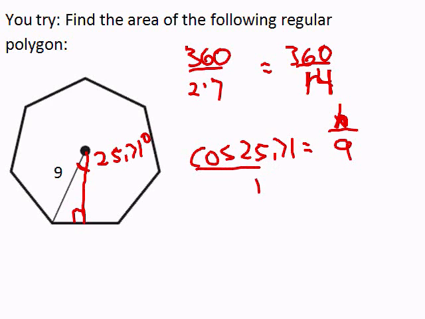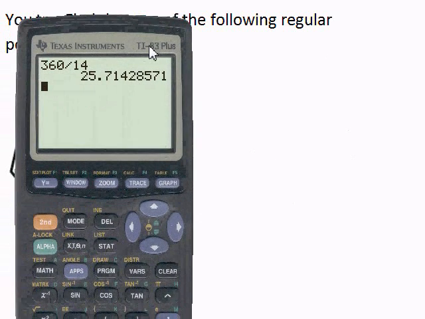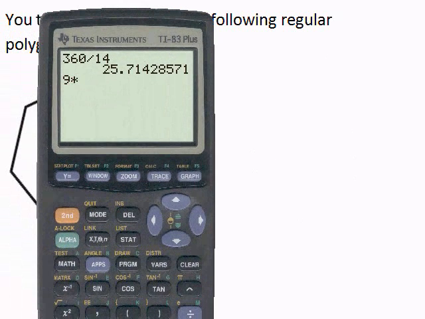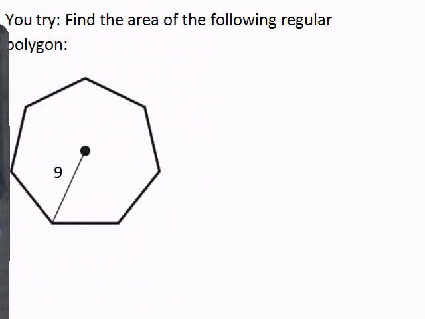We're going to cross multiply. We get 9 times cosine 25.71, and we're going to divide by 1, which is the same thing as just the original answer. So we get 8.11 as our height.